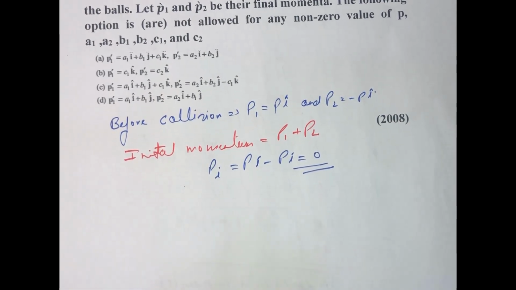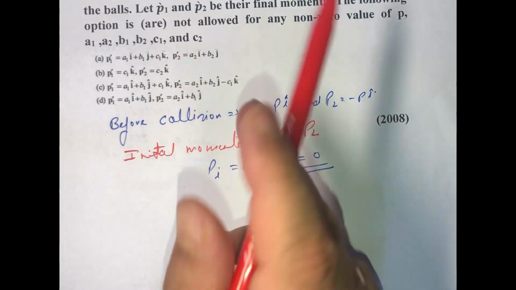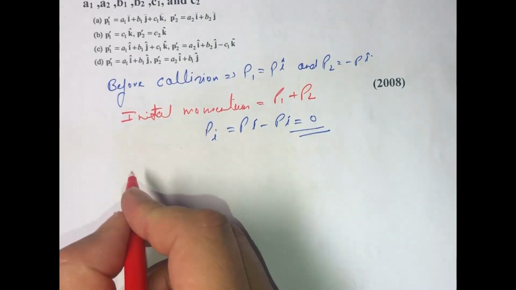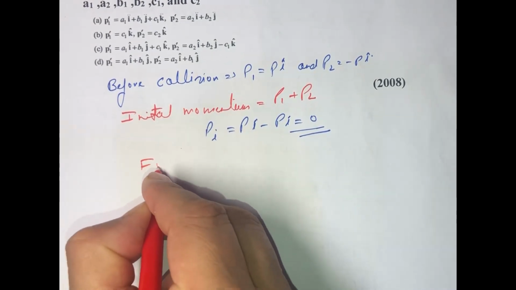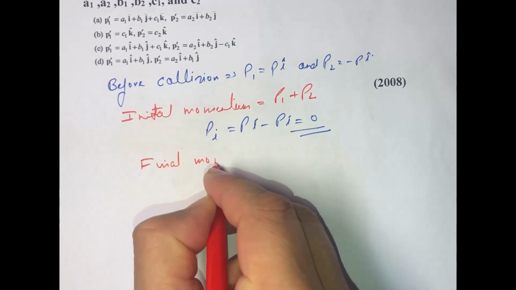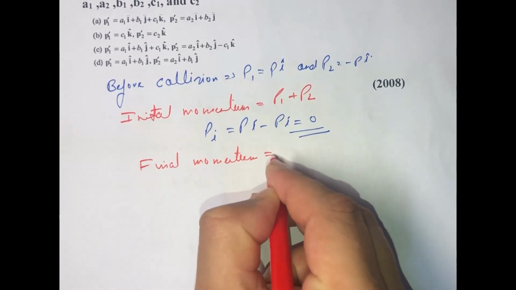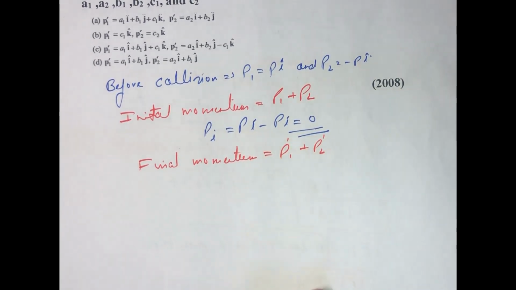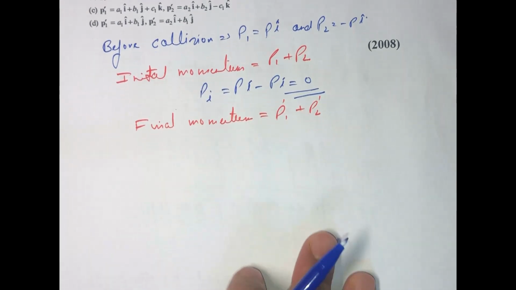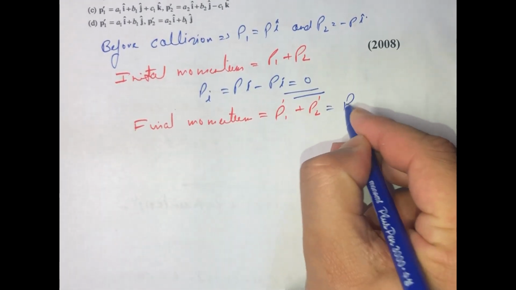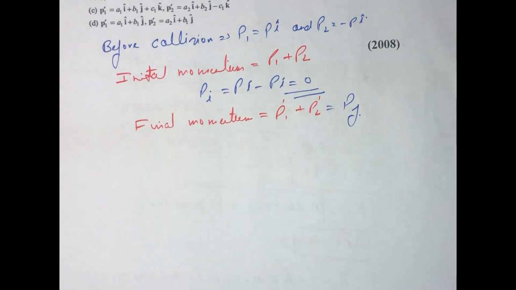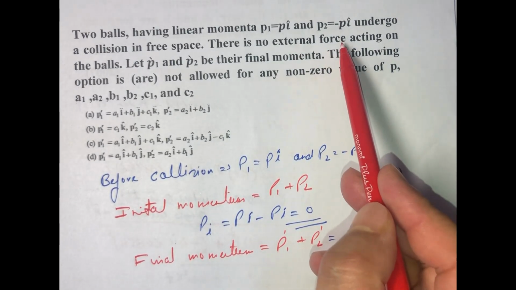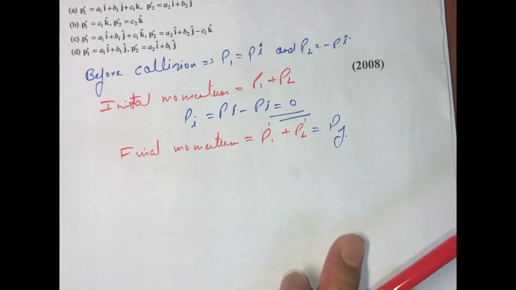And it is said that their final momenta are P1 prime and P2 prime. So you can say final momentum is equal to P1 prime plus P2 prime, and let us suppose it is denoted as PF. It is said that there is no external force acting on it. It means the momentum will be conserved.